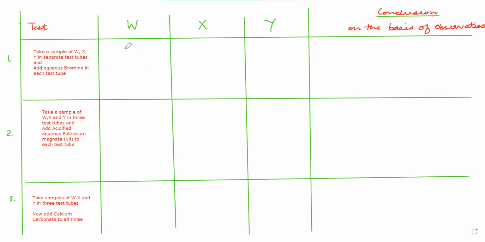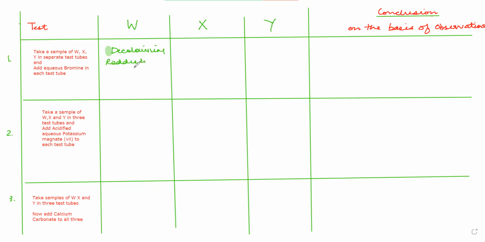So let's suppose this substance W is decolorizing the reddish brown bromine.